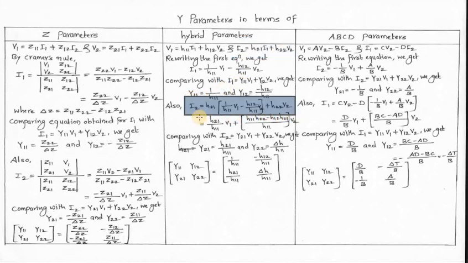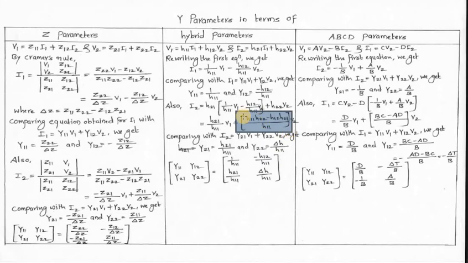If I substitute now this expression into expression number 2, what I get is this expression. And if I simplify this further, what I get is I2 in terms of V1 and V2. It must be true that this is representing y21 and this whole bracket is representing y22.